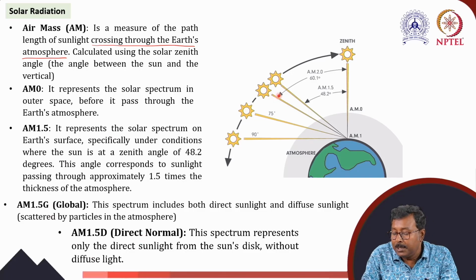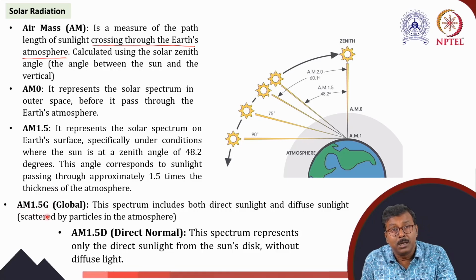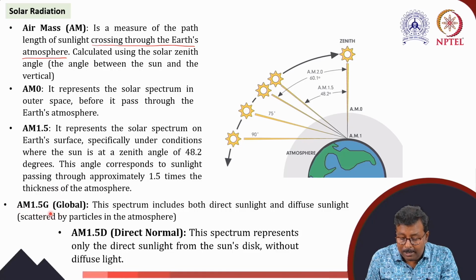If the angle is 60.1 degrees, that is AM2. If it is more than that, there is AM greater than 2 also. Generally in India we always take AM1.5G for simulation of solar cells and other parameters.